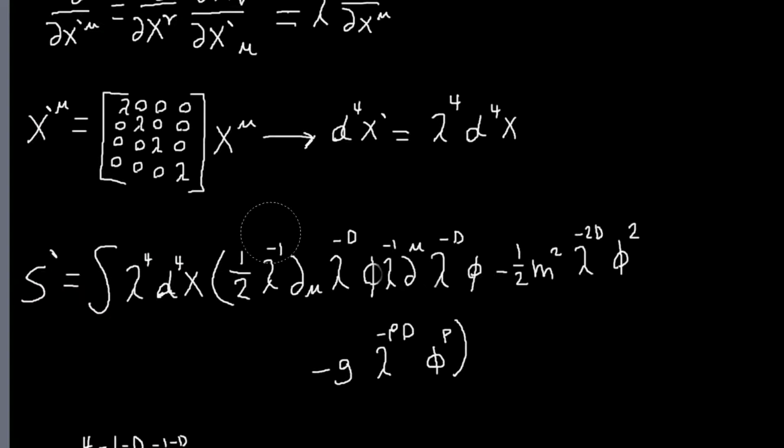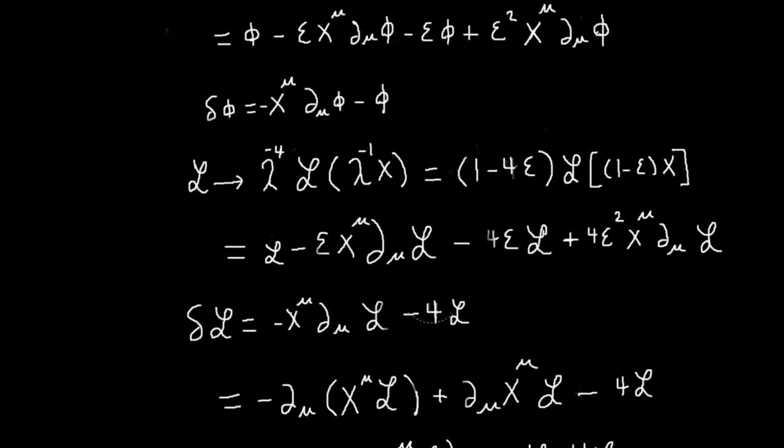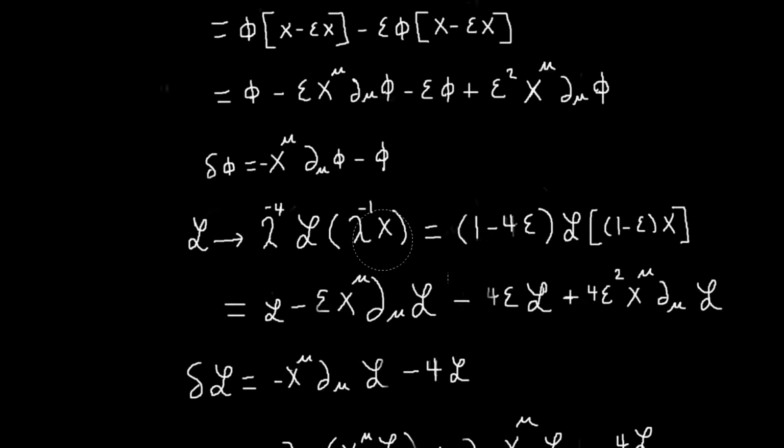We saw before that in order for the action to be invariant, we got this lambda to the 4 from our volume element. That means our Lagrangian picked up a lambda to the minus 4 to compensate for that. That's why we have this transformation rule.